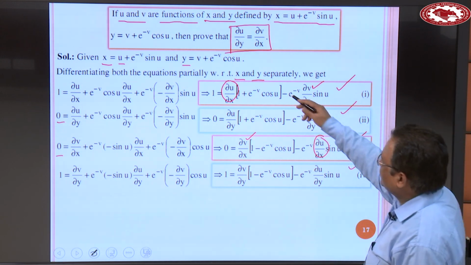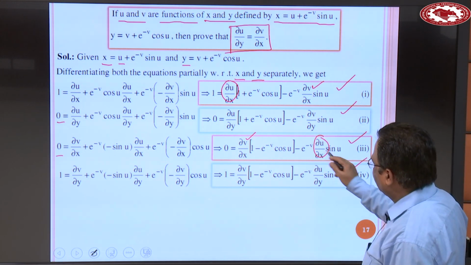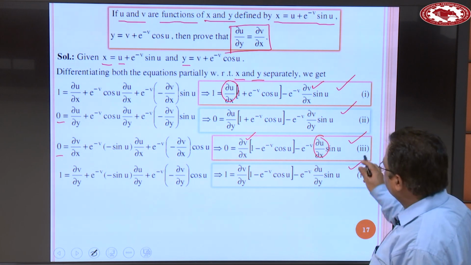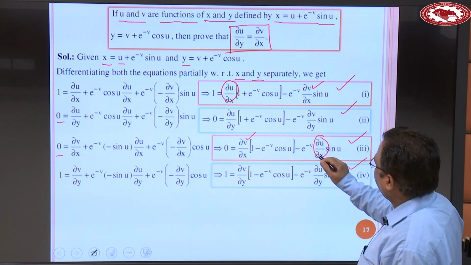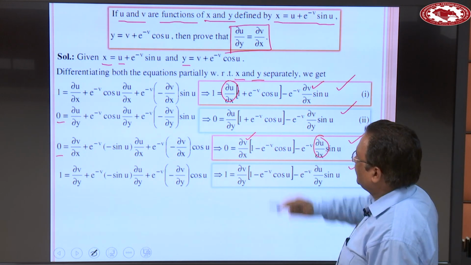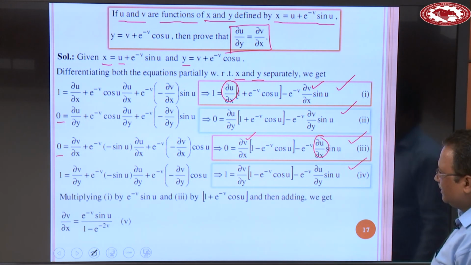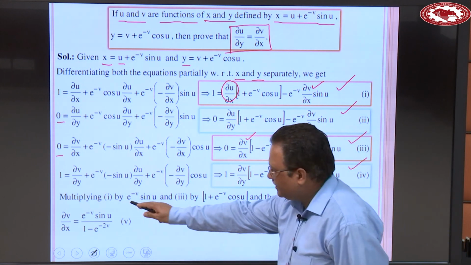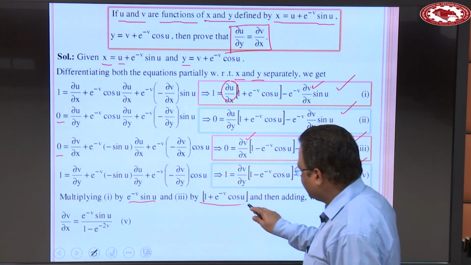So multiply this equation by e raised to power minus v sin u and this third equation by 1 plus e raised to power minus v cos u. Okay. So, multiply 1 by this and third by this and add.